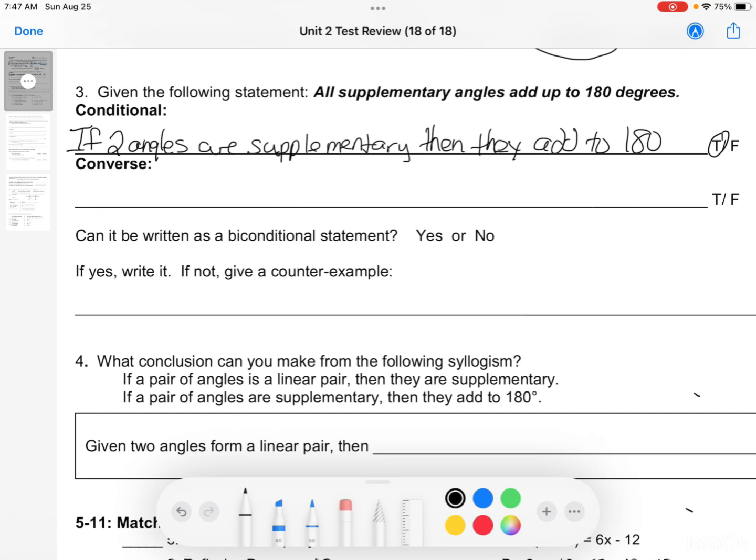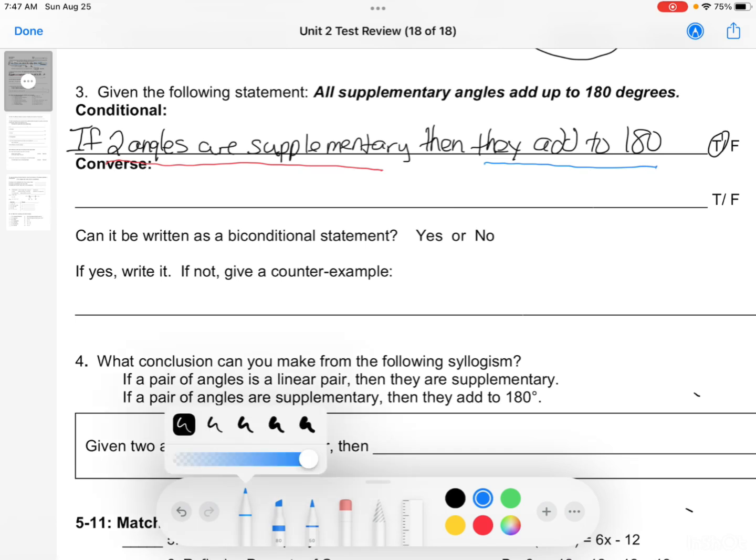Also the converse, we're going to do the same thing with if and then, but this time we're going to reverse the hypothesis and conclusion. And if you remember from before, this is the hypothesis and this part is the conclusion, and they're about to flip.